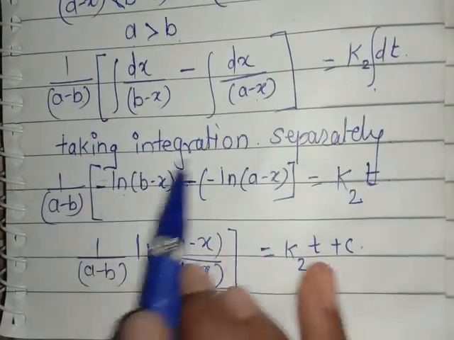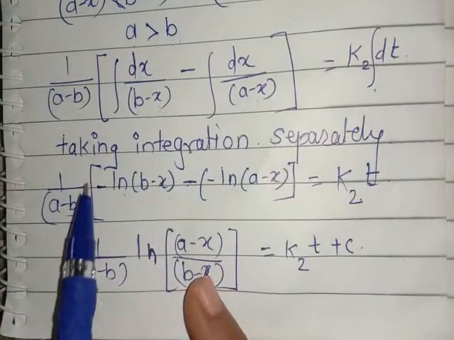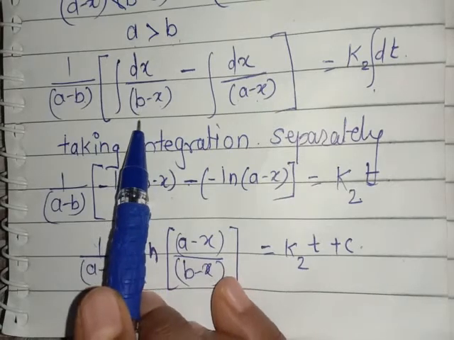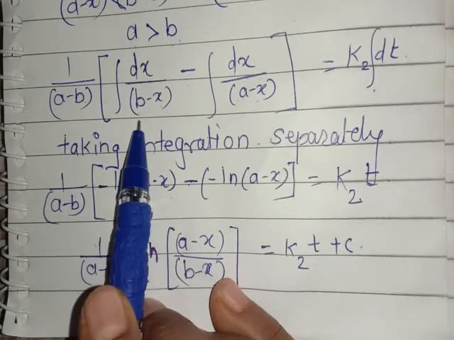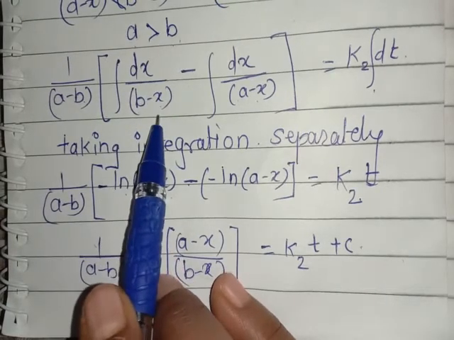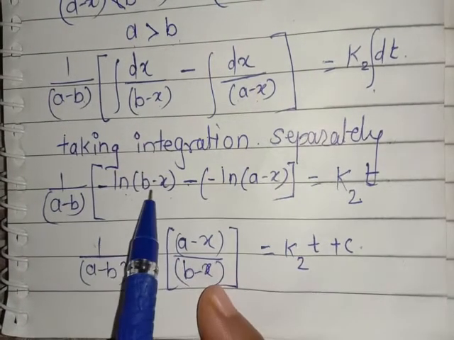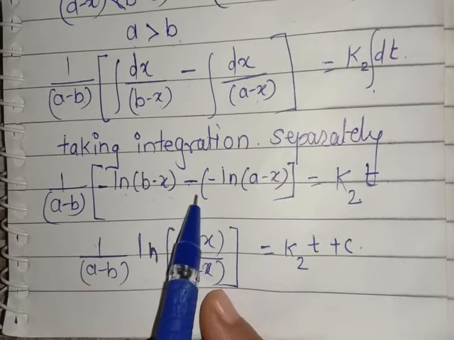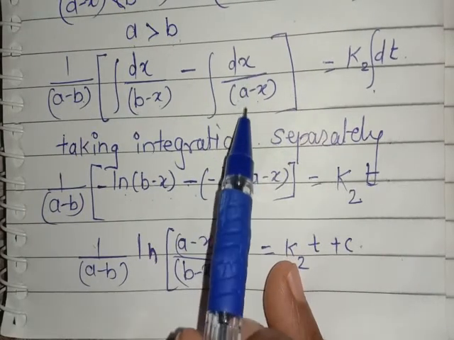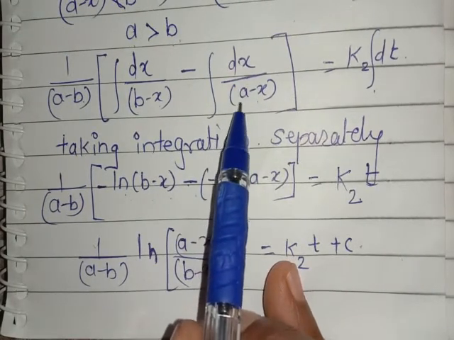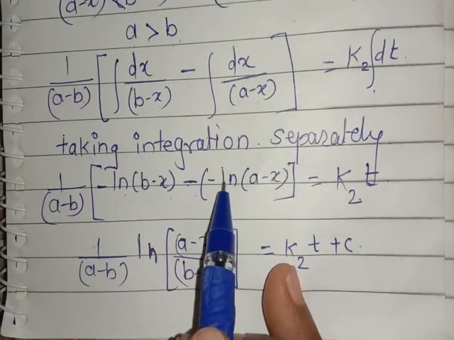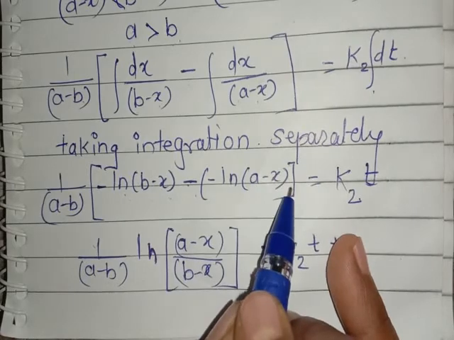Now taking the integration separately, integration of 1 upon b minus x is the minus ln of b minus x, and then again minus, integration of dx upon a minus x is the minus ln of a minus x.